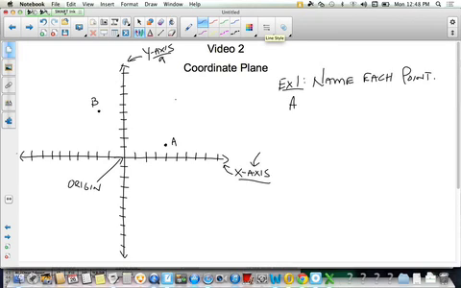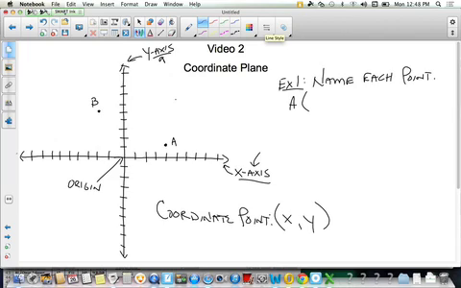To name these points, we're going to use what we call a coordinate point. A coordinate point is represented by parentheses with an x value and a y value inside. The x and the y value tell you the location of the point. For A, we start with a parenthesis.